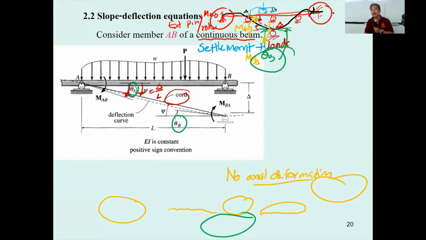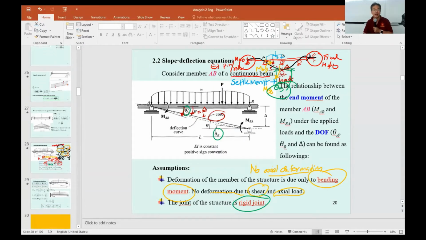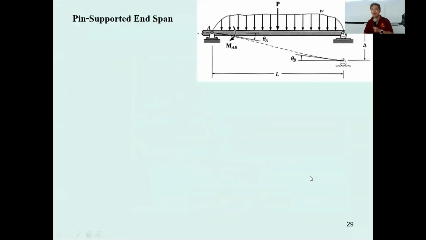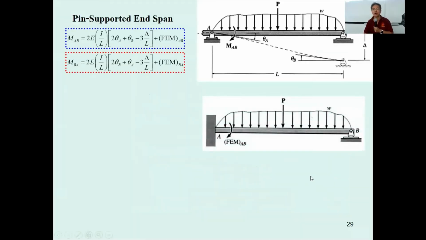Unlike this one, this is fixed, and the moment here is not 0. So due to this special thing, when the beam has the external roller, you have to consider the general form of this equation again.